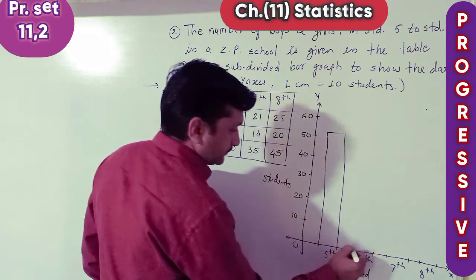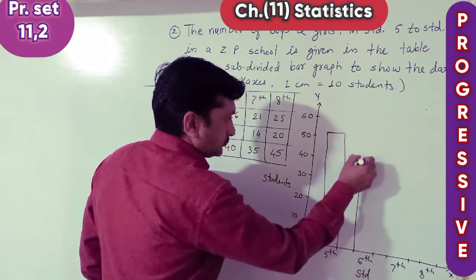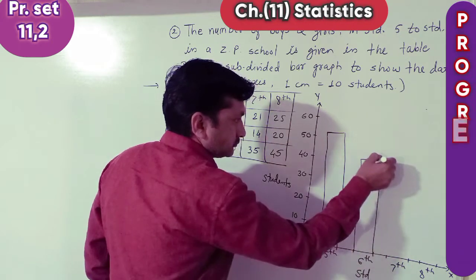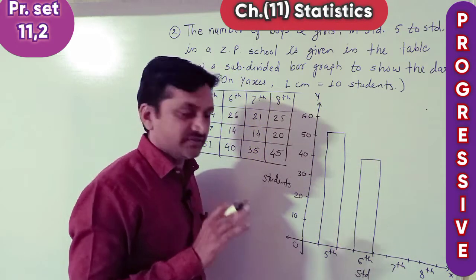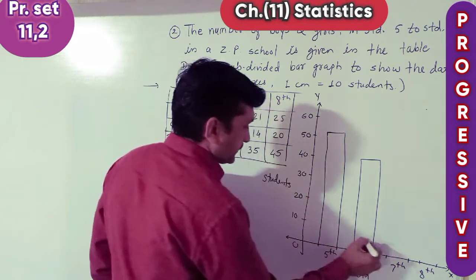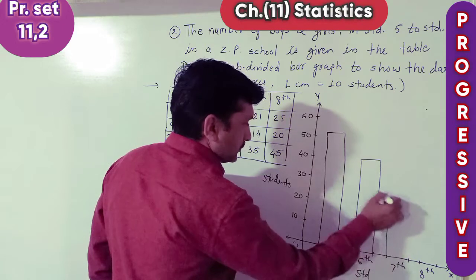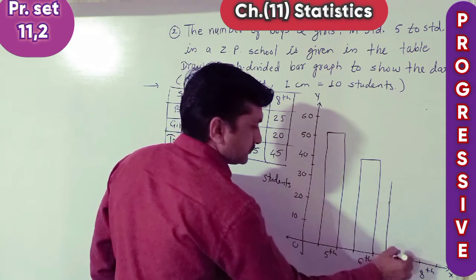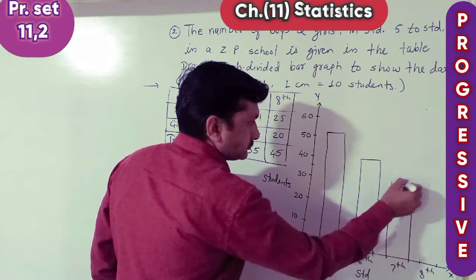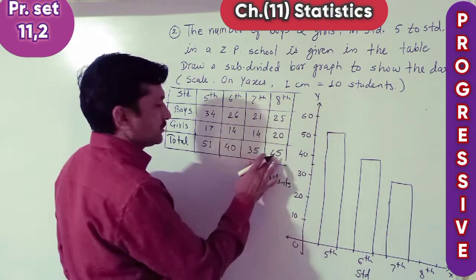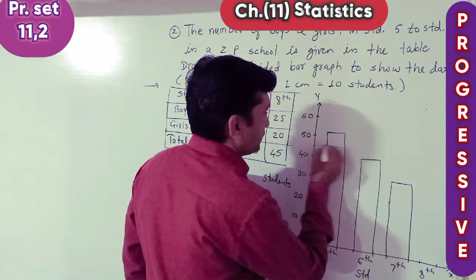Second total is 40, height 40 here. You have to use a scale and pencil for that and draw on graph paper. 7th standard is 35: 30 is here, 35 will be here. And 8th standard, 45, till here.